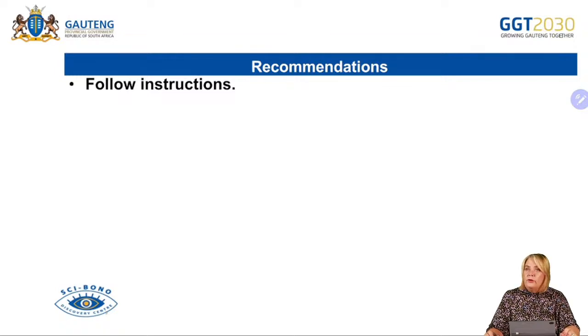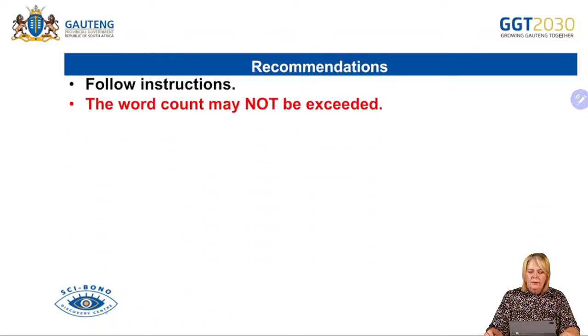So what should you be doing? Follow the instructions. Read the instructions and information page. Make sure that you know what is required. And then with every question, there's an instruction. Section B has an instruction paragraph or page. Section C has exactly the same. The word count may not be exceeded. I'm emphasizing that.